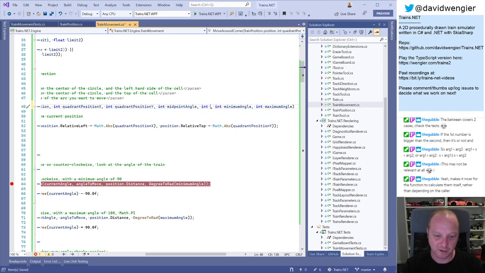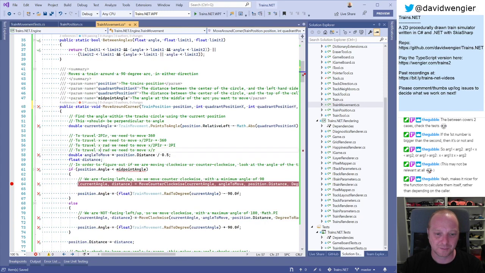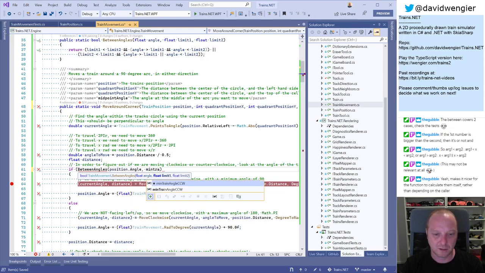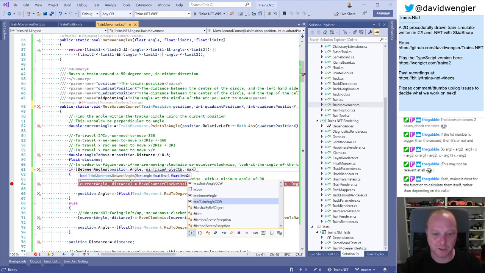It's got to be max train angle counterclockwise and min train angle counterclockwise, maybe. And so then now we call between angles, angle, angle and straight angle.